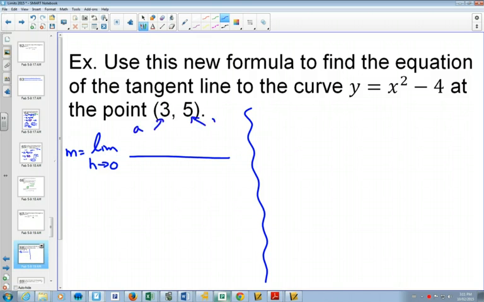This is f of a. And according to the formula, we have to do f of a plus h, which will be f of 3 plus h, minus f of 3, over h.